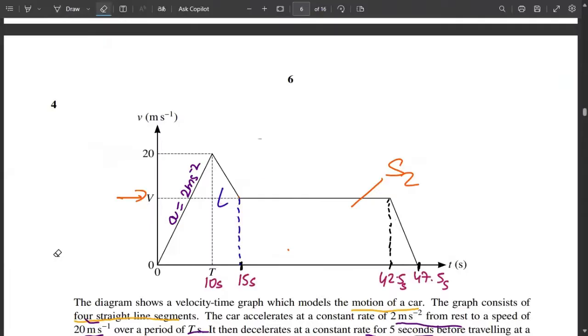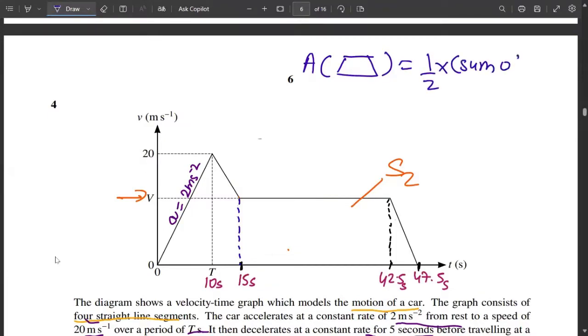So what we can do is we can break this into two parts. What I need you to know is area of a trapezium is half into sum of parallel sides into height. That's what I need to know.